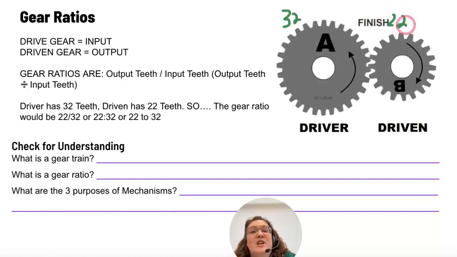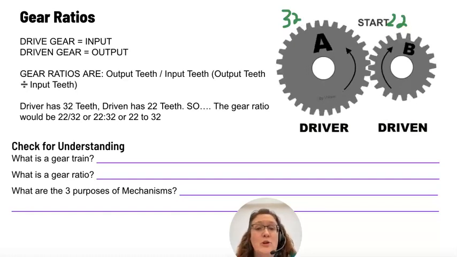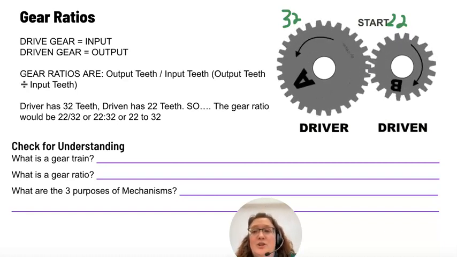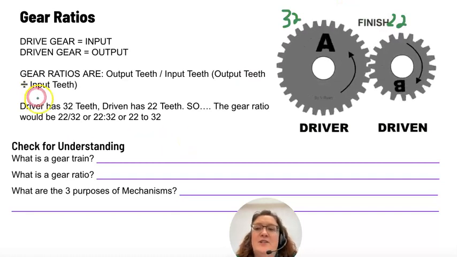22. There we go. So the way you would figure out the gear ratio is you take the output and divide it by the input, or output over input. In that case, because I don't expect you to simplify these, the driver has 32 and the driven has 22.